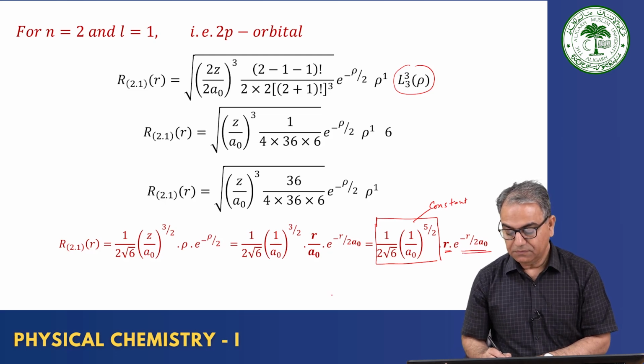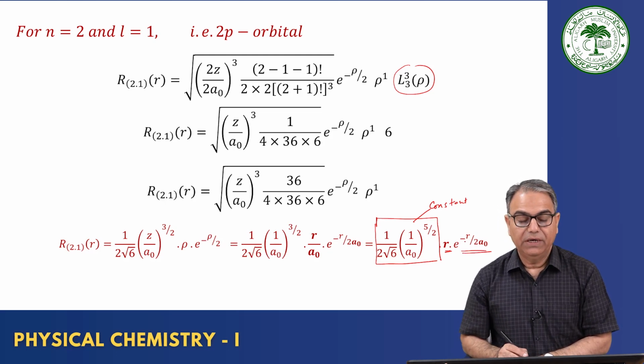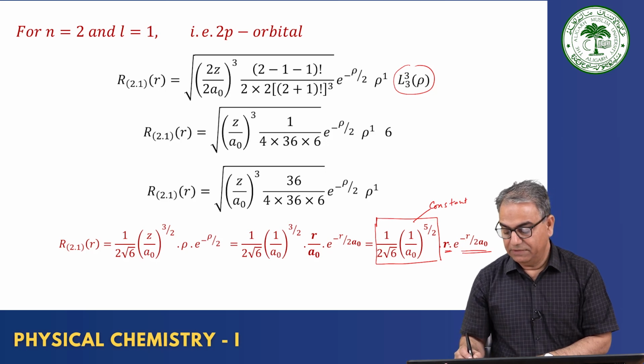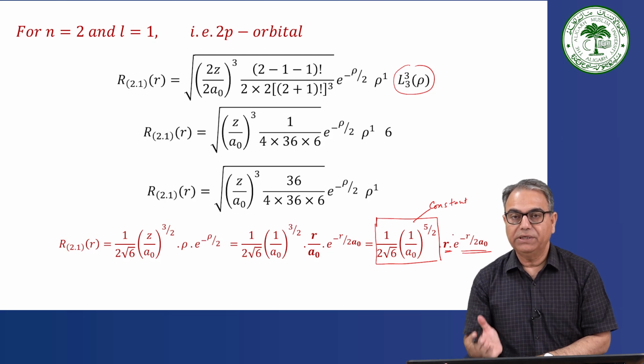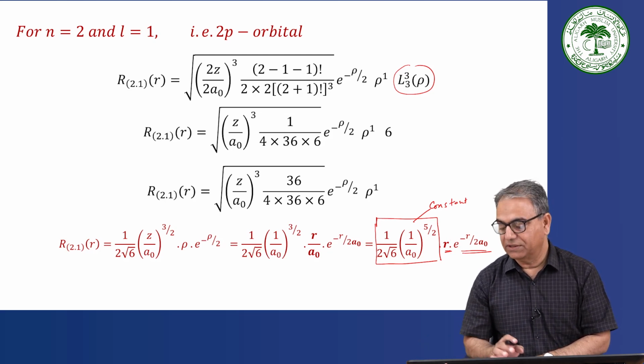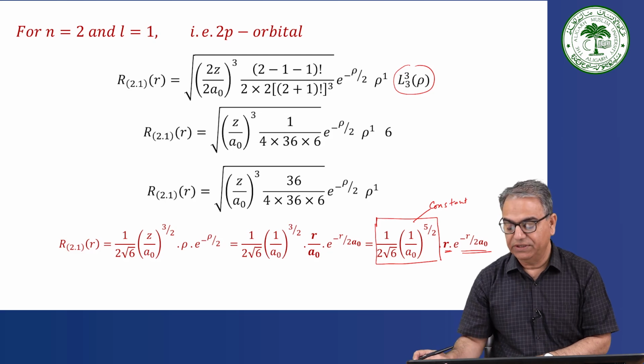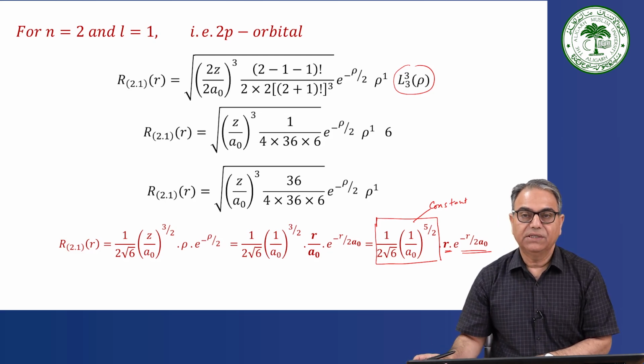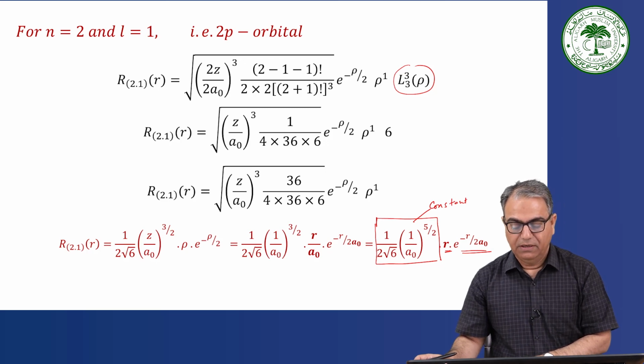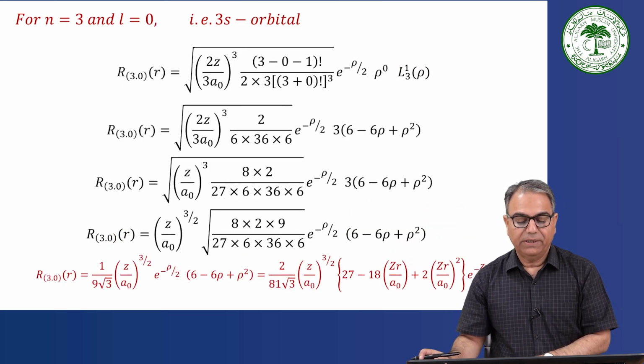Okay, so these two will influence the function: with increasing r value, the pre-exponential factor will try to increase the function, and the exponential factor will try to decrease the function, and we will see the effect of these two factors on the functions when we plot this curve. Okay, 2p orbital.